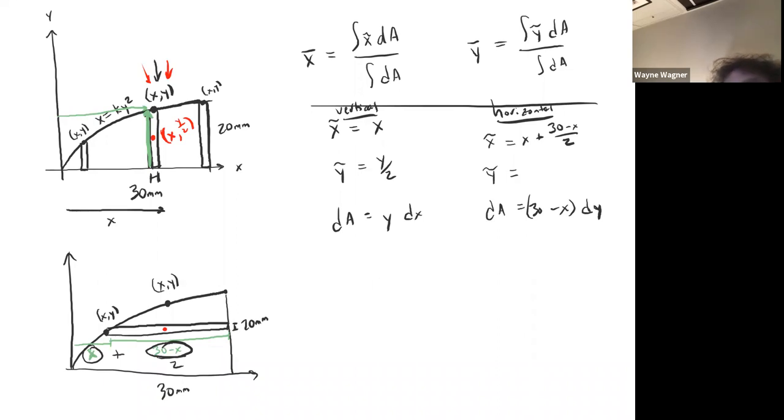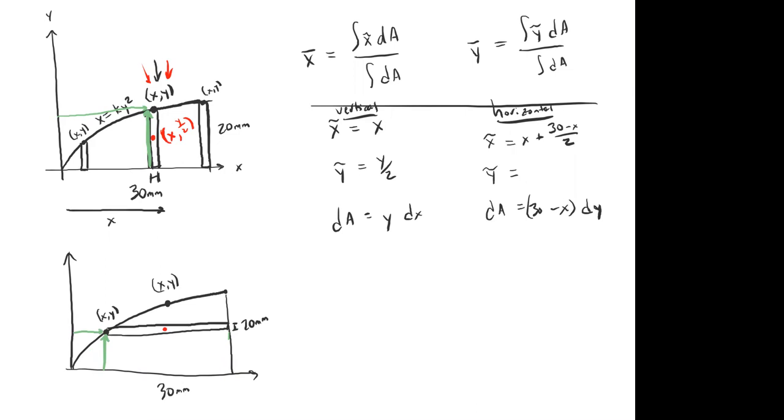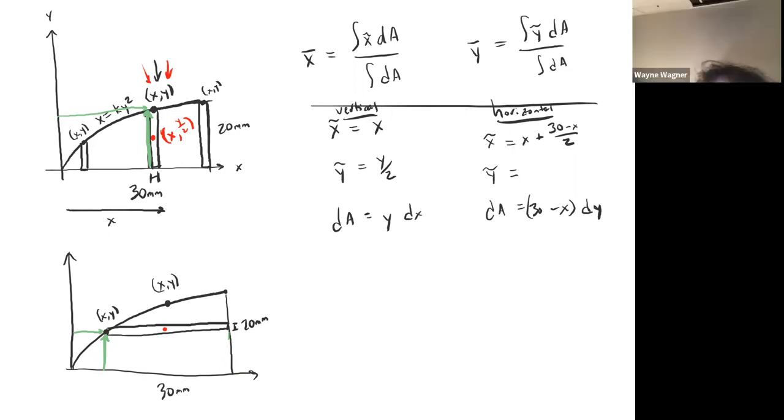Okay, so now we need the y tilde. What is the y coordinate of that dot? Remember, this is y, this is x. So that's 20 minus y. 20 minus y would be, we go up 20, and then we subtract off y.